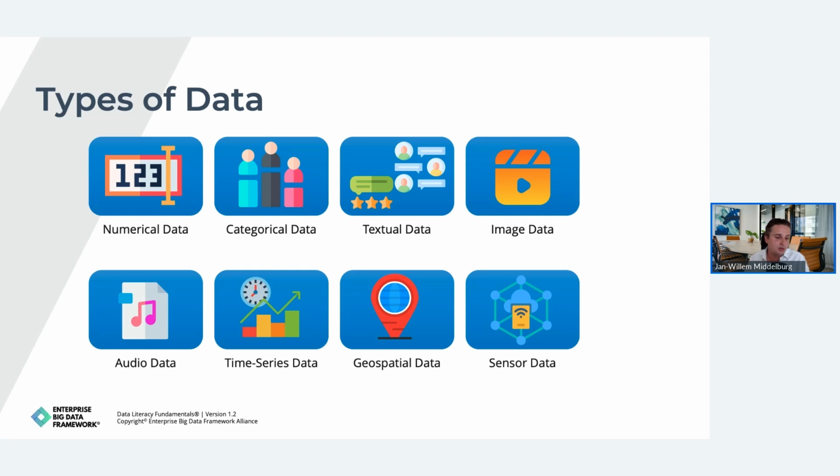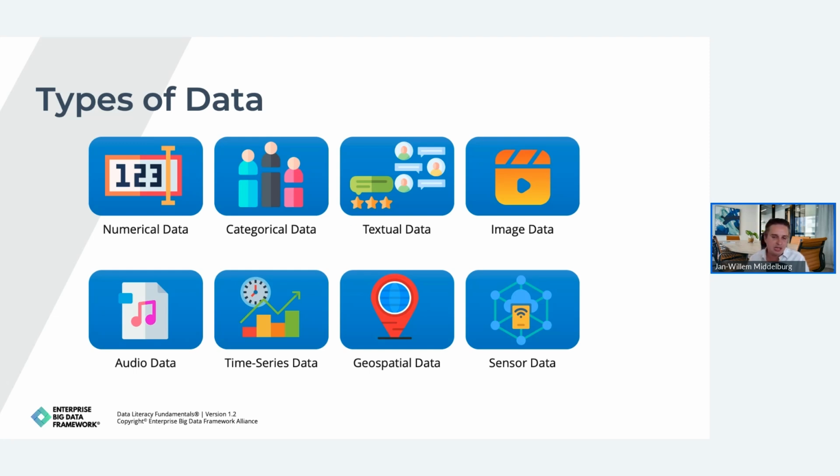Think about numeric data, which we process in Excel sheets, categorical data, which are, for instance, colors or different categories that we see on websites, or the traditional textual data, which you see in reviews or in your Word documents. Those are the simple data formats. Let's look at some of the more complex data formats as well.